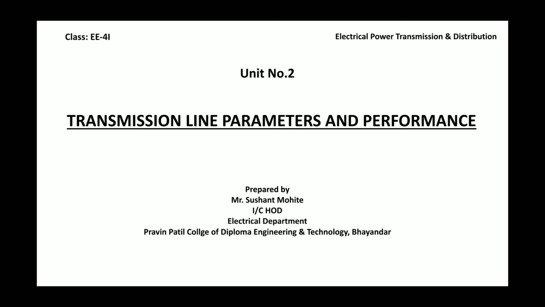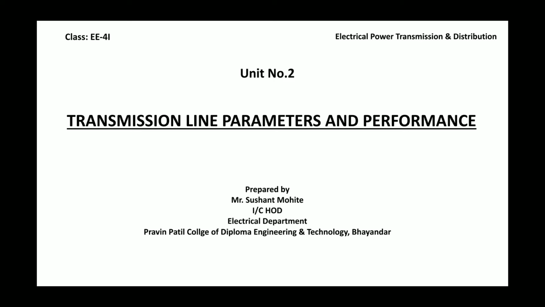The next is the capacitance. The property which opposes change of voltage is called the capacitance, measured in farads. The opposition due to this is the capacitive reactance, that is XC. Capacitance is formed when two conducting surfaces are separated by some distance.